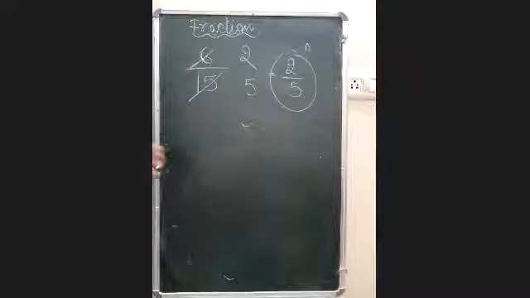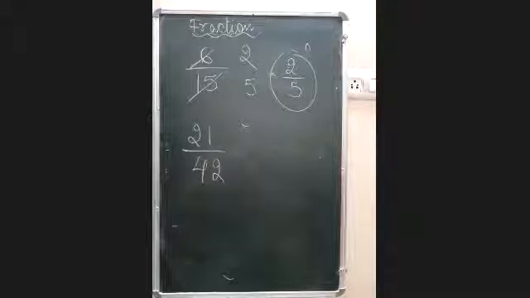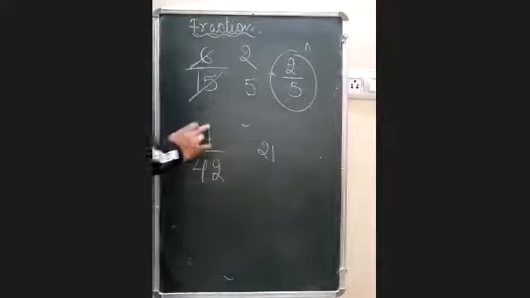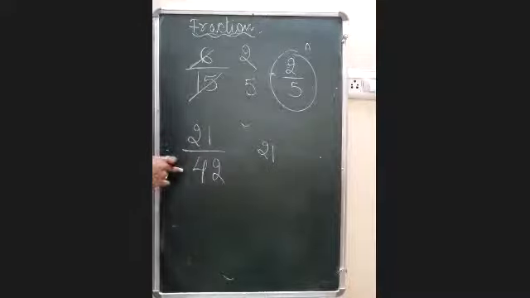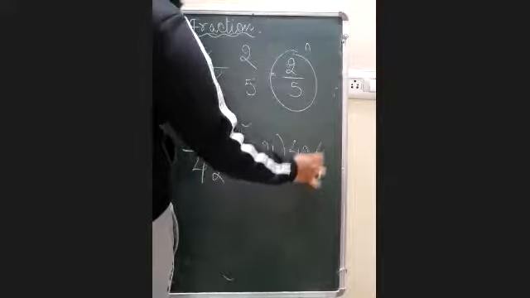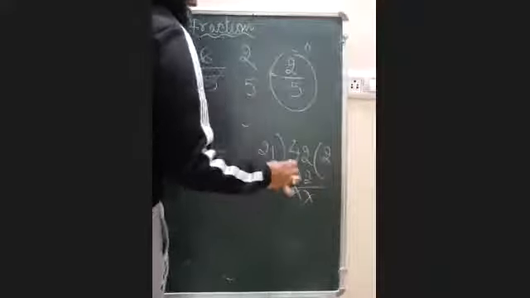But another way is, suppose the question comes like 21 upon 42, and you need to write this number in the simplest form. The other way is the HCF method, which I taught you earlier, if you remember. We will take out the HCF of both the numbers. How will we do that? 21 will be outside, 42 will be inside, and you know 21 twos are 42, gone completely.